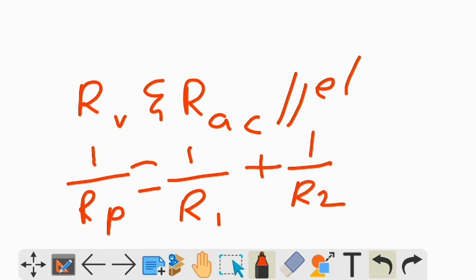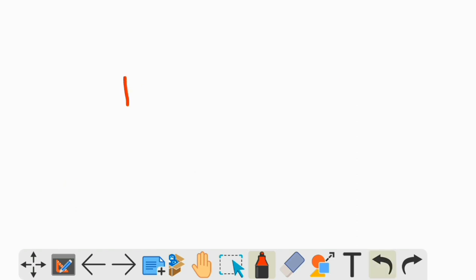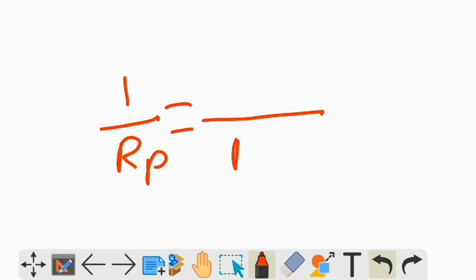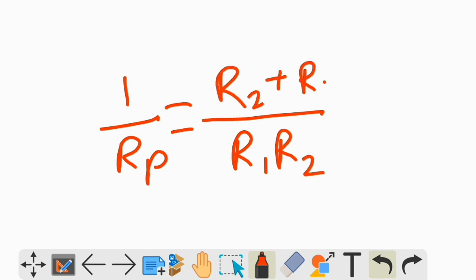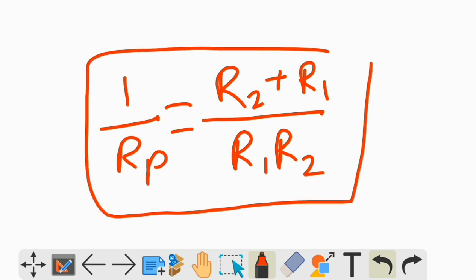If you simplify this, you will get formula as 1 by RP equal to, you can take R1, R2 LCM. It becomes R2 plus R1. Like this also you can simplify instead of taking LCM.